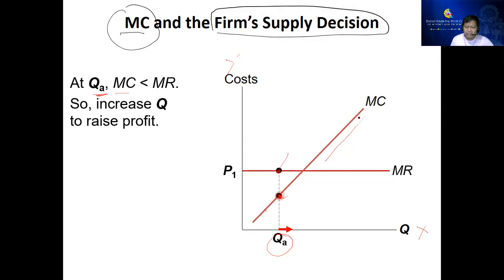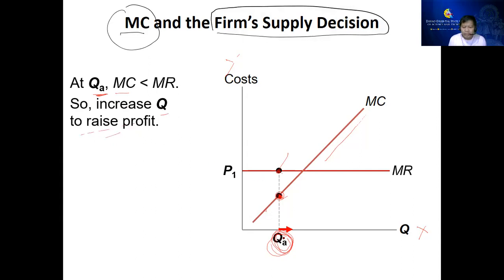This line is the marginal cost, and this line is the marginal revenue. If you produce at quantity QA, in this portion, increase the quantity to raise the profit.